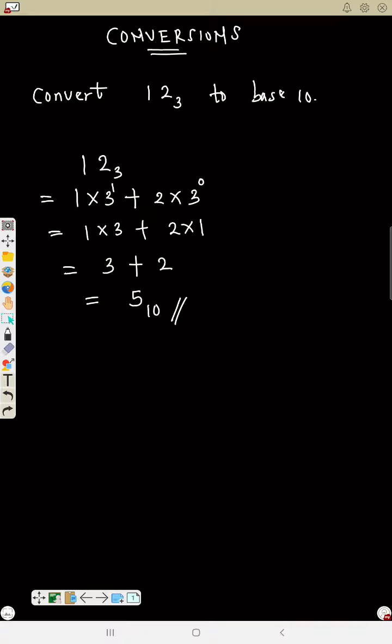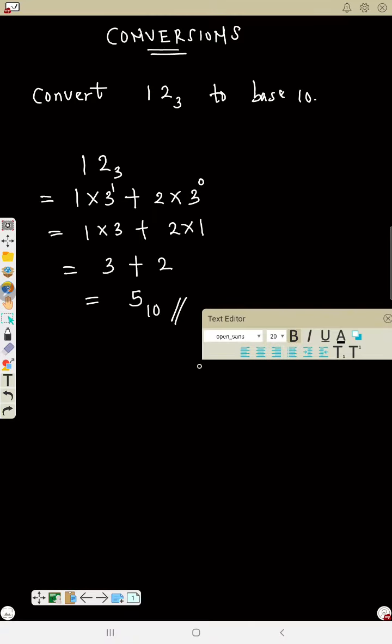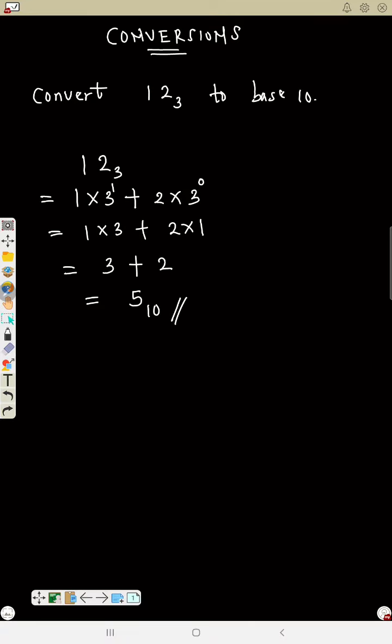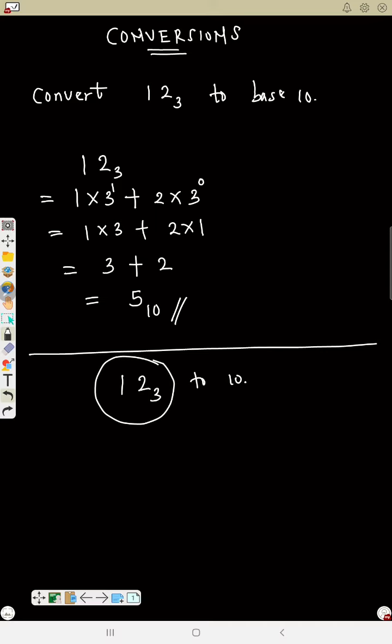Hope it is clear. Now, but instead of doing this, to save more time in JAM, look at this approach. So I want to change 12 base 3 to base 10. Now see my approach here. The first number here is what? 1. So now this is the concept.